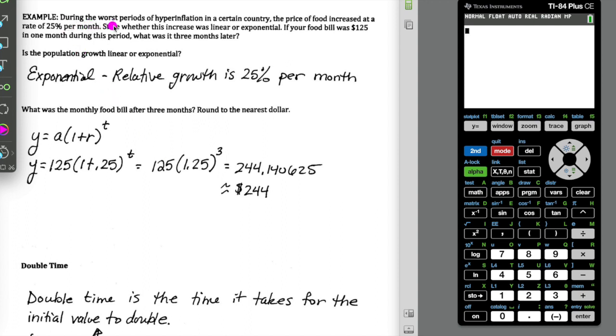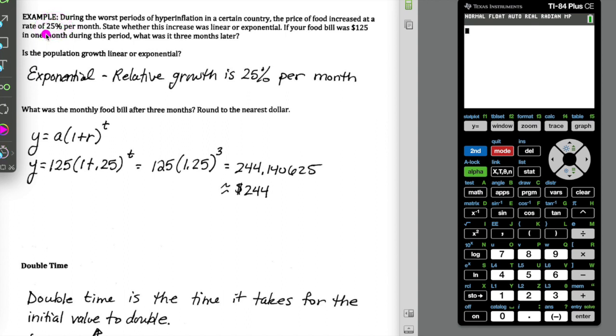It says, during the worst periods of hyperinflation in a certain country, the price of food increased at a rate of 25% per month. That is a relative increase. It's not an absolute. This is increasing by a percentage. So when you take a percentage of something, it could change depending on what the base is.